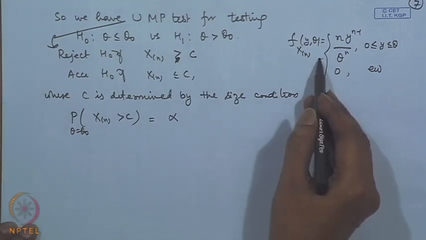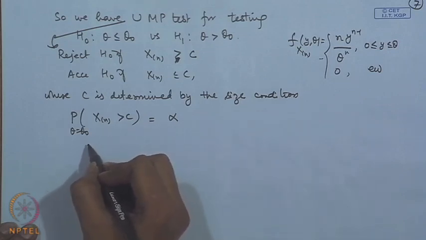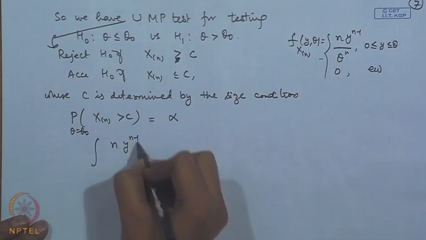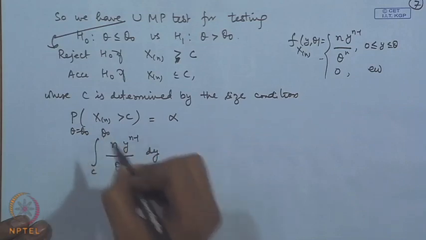Now, if I have this distribution, this probability can be easily evaluated. This is turning out to be simply integral n y to the power n minus 1 by theta to the power n dy from c to theta naught.